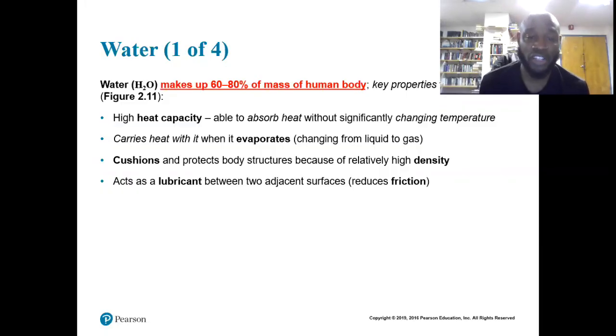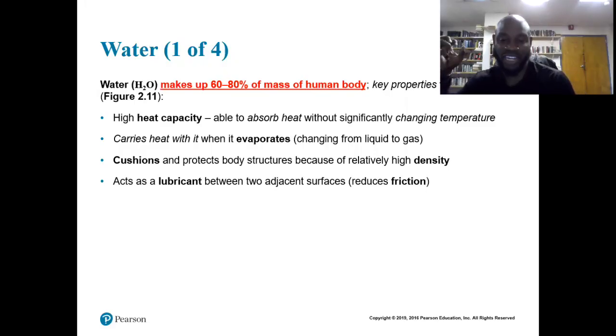Your body has to maintain a certain temperature. Because you have a whole bunch of water in your body, it can maintain a certain temperature easily, because water can absorb a lot of heat without changing temperature drastically. Your body sweats, and so it can cool itself by that water evaporating and removing heat from the body.